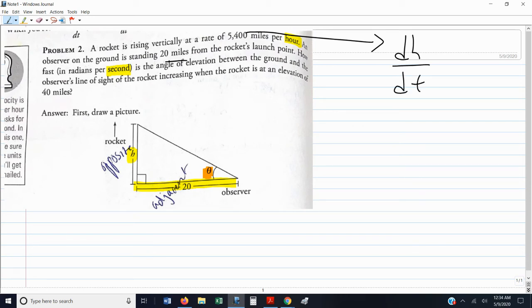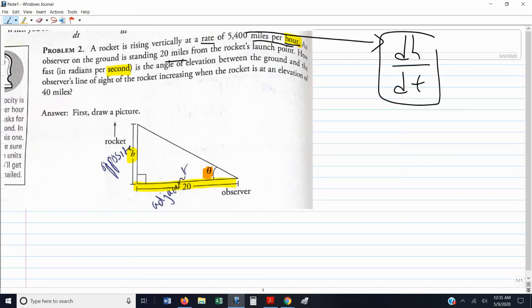So it's not saying that is the height, it's saying that is how the height is changing, right? Rising vertically would be talking about the height, and it's changing at this rate, and it gives you miles per hour as the unit. So that label would be not the height of the rocket, but how the height is changing. So dH/dt, and it's changing with respect to time.